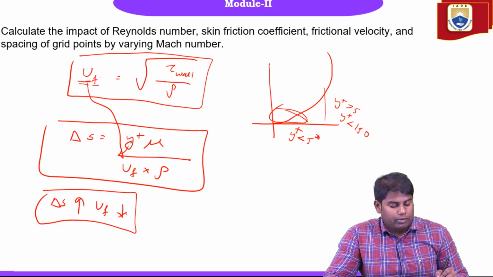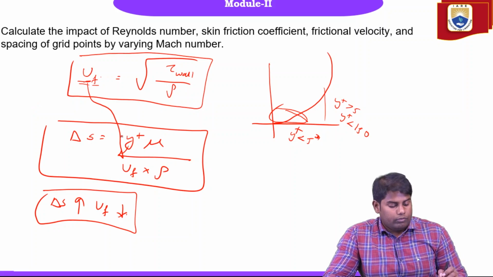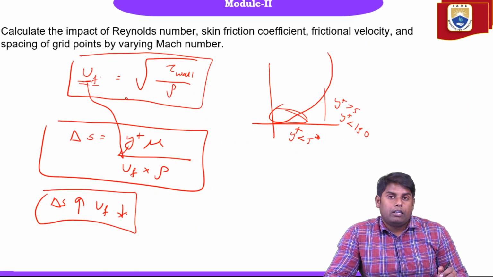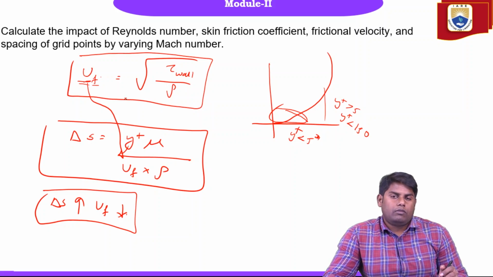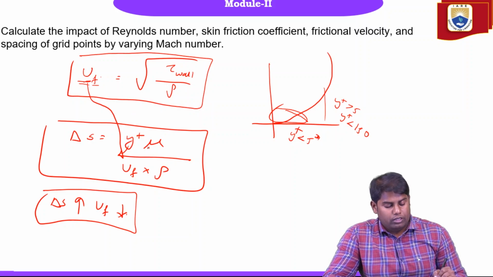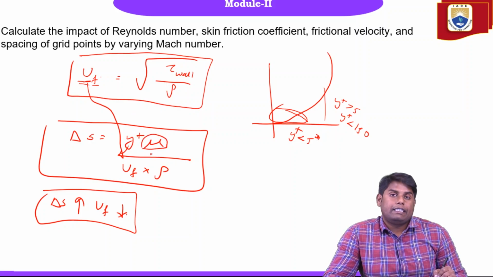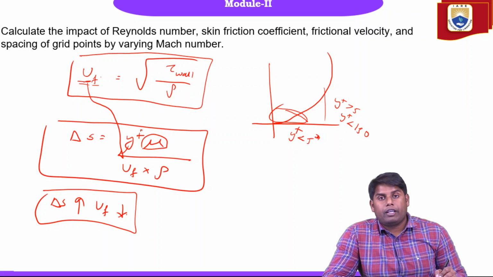The other terms, y plus, mu and rho, are standard quantities based on the flow regime, the boundary layer profile, or the physics of the flow. The y plus value will be chosen. The mu value comes from the flow parameter.